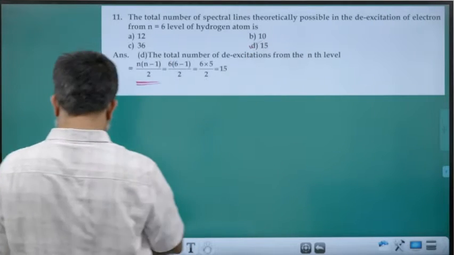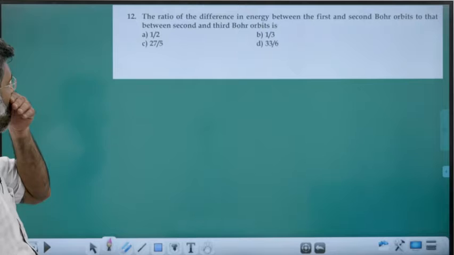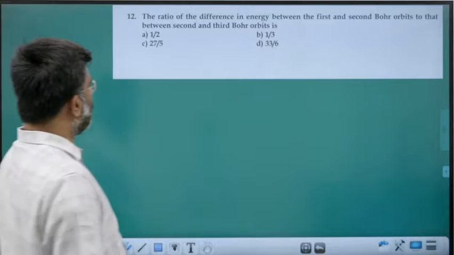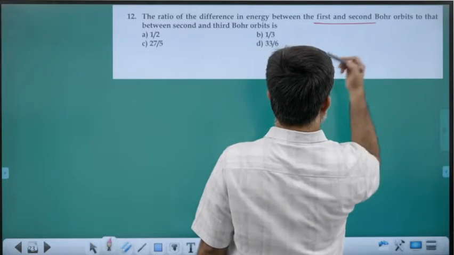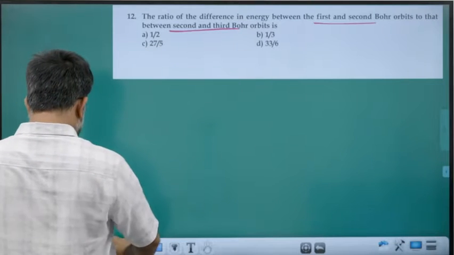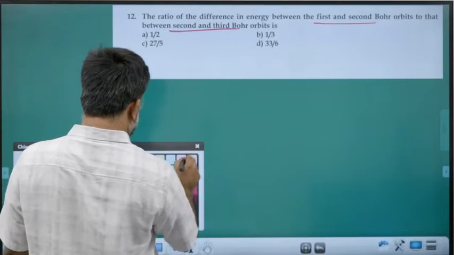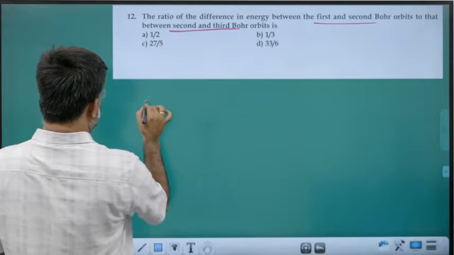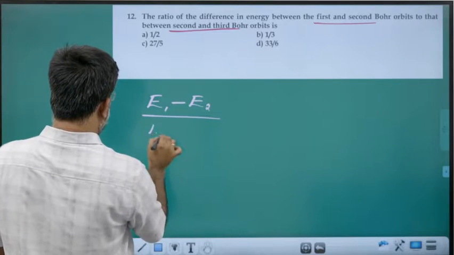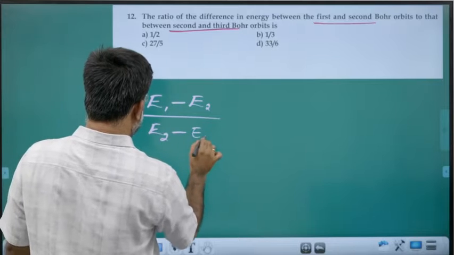Option D, 15. The ratio of difference in energy between first and second to that between second and third. That is what is asked: the difference in energy between first and second, and second and third. That is E1 minus E2 by E2 minus E3.